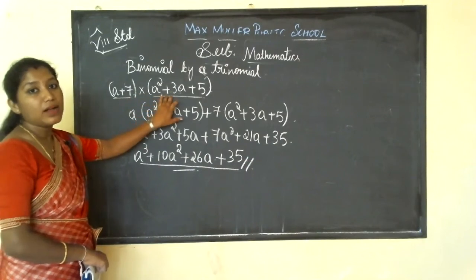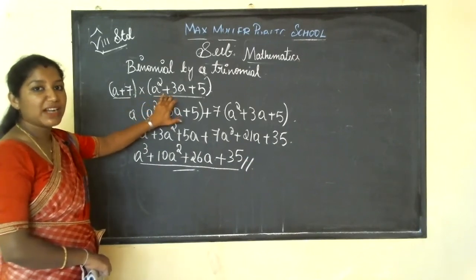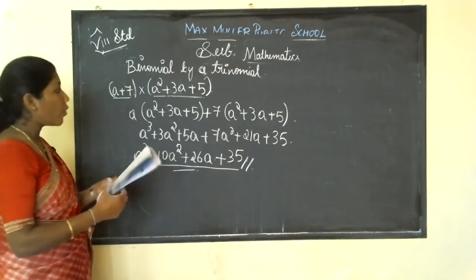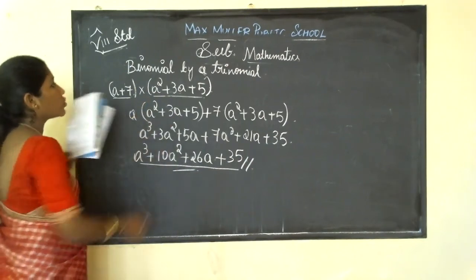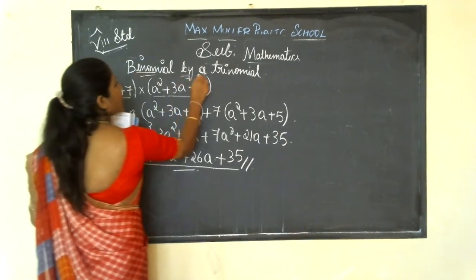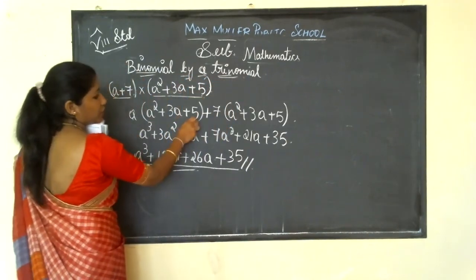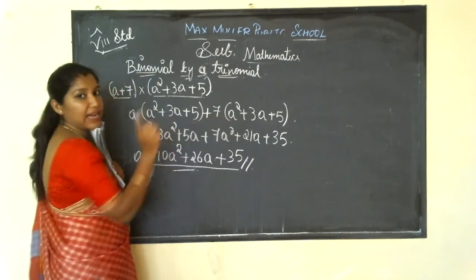Binomial by a trinomial. After multiplying these 2 terms, you get this product. I hope you all understood this problem, students. See, you are just writing this 3 terms expression twice, understood?